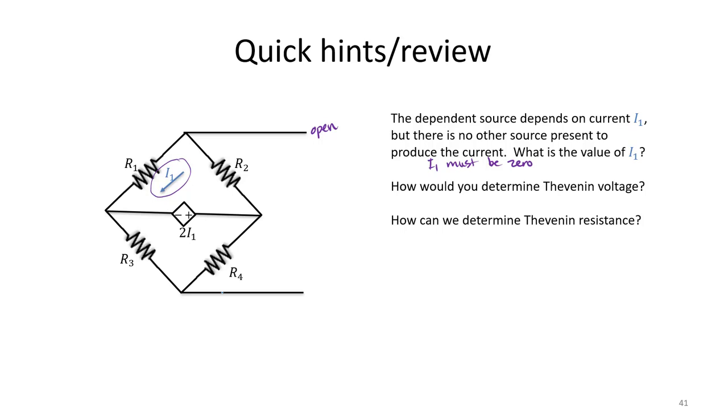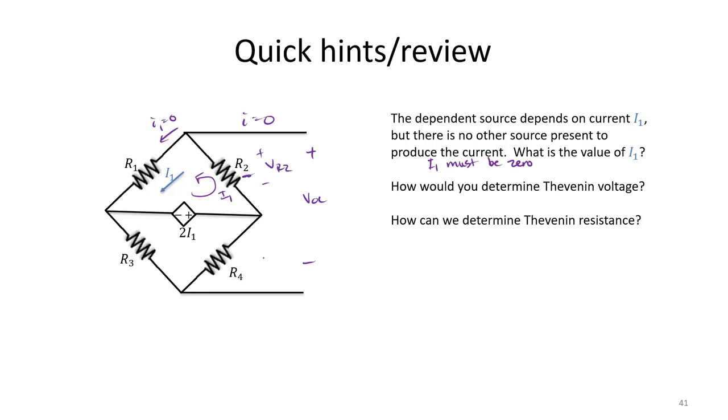Next part of the question, how would you determine Thevenin voltage? Well, remember, Thevenin voltage is just the same as our open circuit voltage. And so if we know our current I1, remember we know that there is 0 current coming in, I1 is 0, so here we can determine what our voltage across resistor R2 will be.